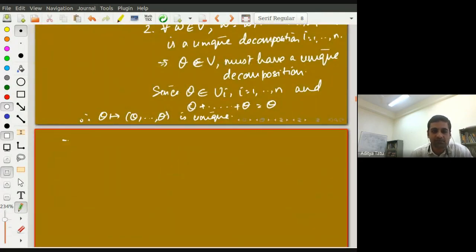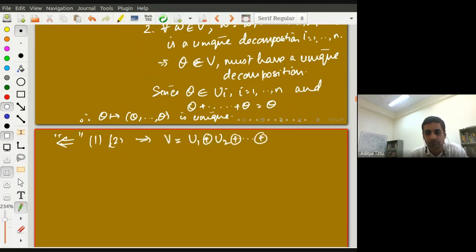The more interesting part is, of course, this way. Given that conditions 1 and 2 are true, I have to show that V is a direct sum. How do I show that?